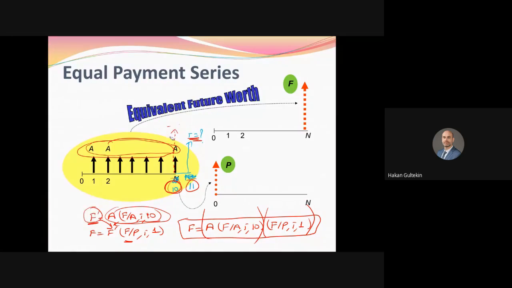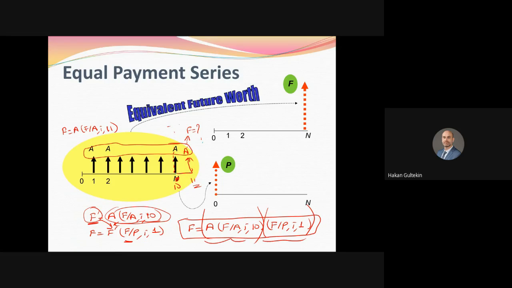But now, if you say this is the 10th period, and this is the 11th period, and I have another A, and I want to find this future value, then what should I do? Now look, all these equivalent payments continue for 11 periods. Simply in this case, F is equal to A times F given A, I, and 11 this time. So you don't need to do double calculation. You just change this to 11 instead of this 10.